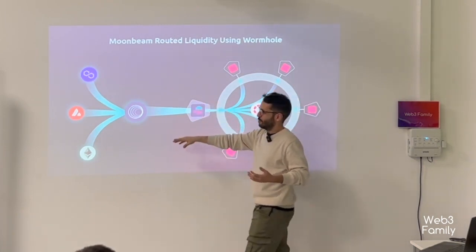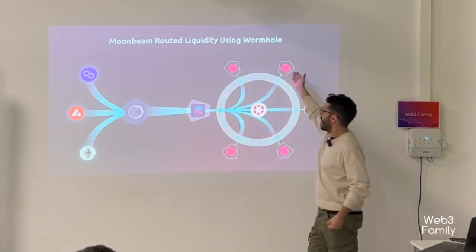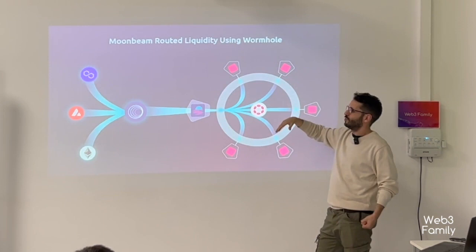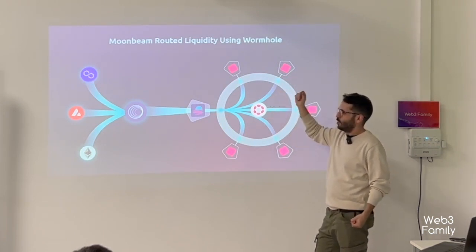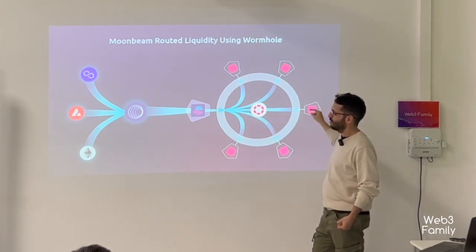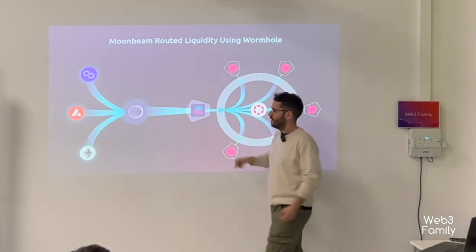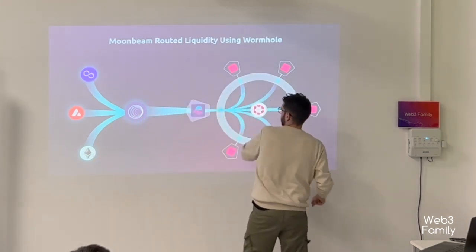So for example, if you have liquidity on Ethereum and you want to move it to Hydra, you can go to an application called Carrier. On Carrier, you select the destination chain, you select Hydra, and with just one click, you go all the way around to the other side.